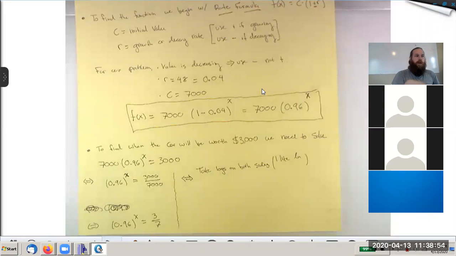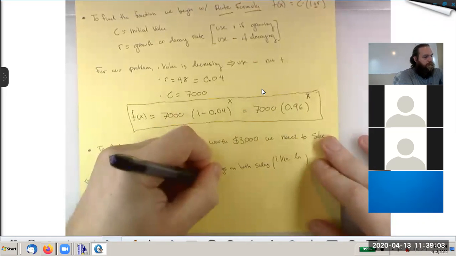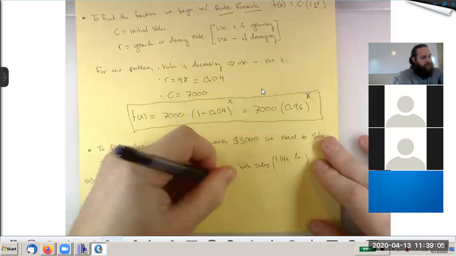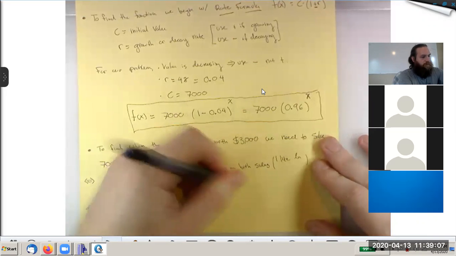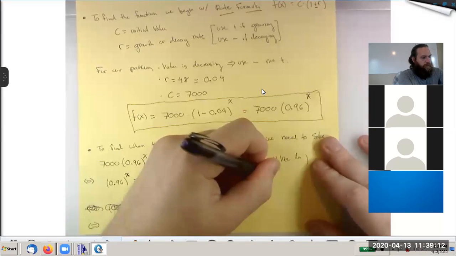Usually you'll use either the ln or the log, the base 10 common log, because that's what you have a button for in your calculator. So when I take the ln of both sides, I get the ln of 0.96 to the x equals ln of 3 over 7.